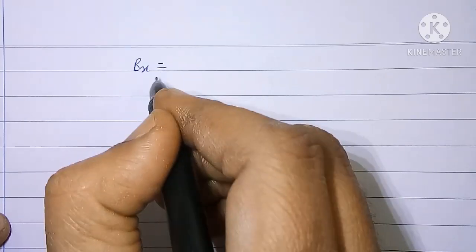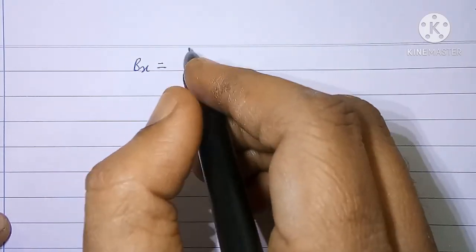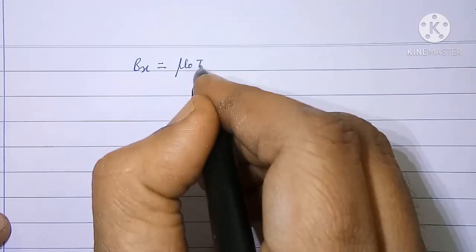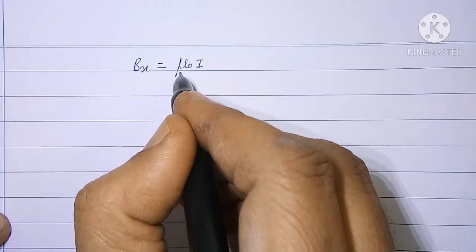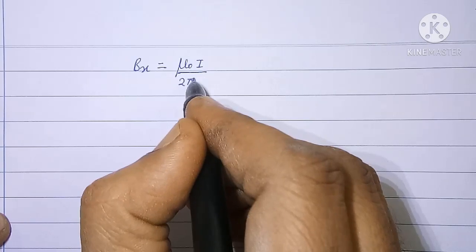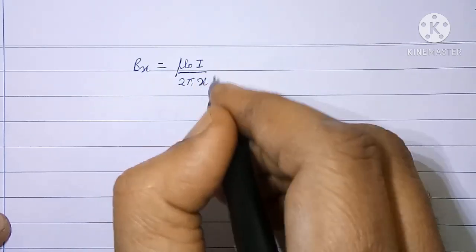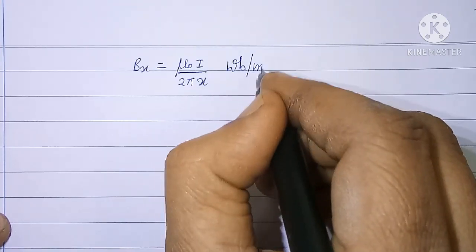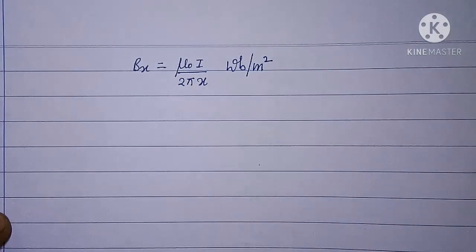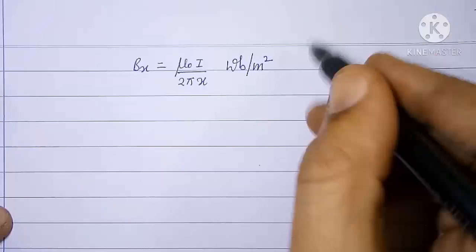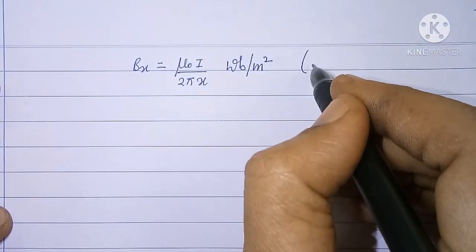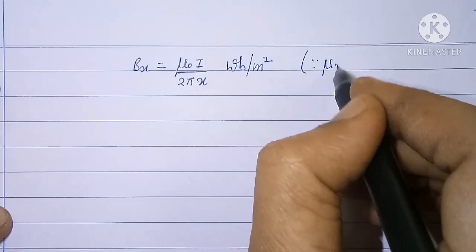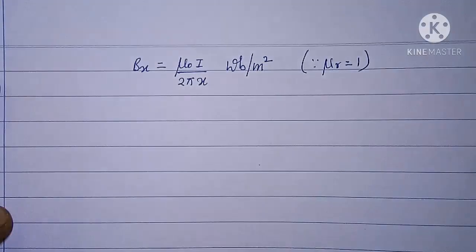If we do that, we get Bx equal to μ0 I upon 2π x Weber per meter square, and we have considered μr to be equal to 1. It is our assumption, right?